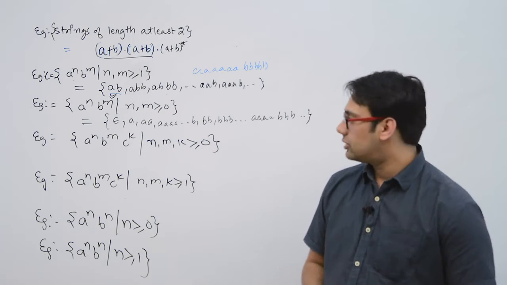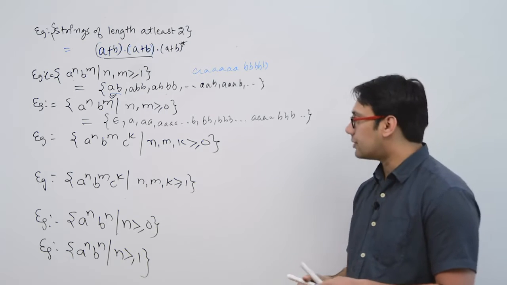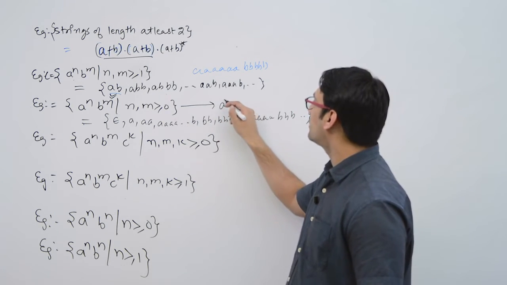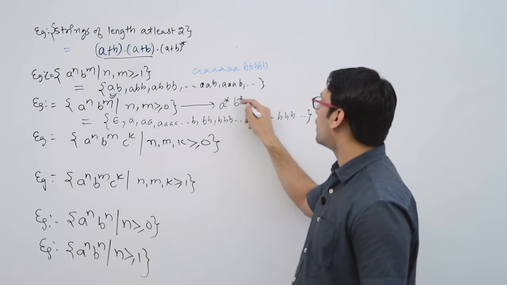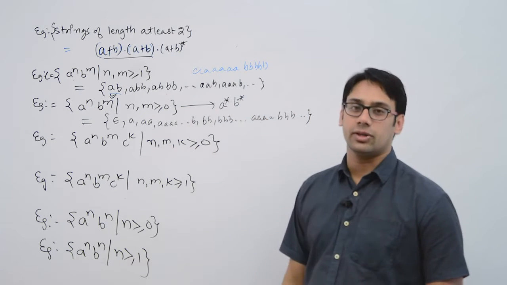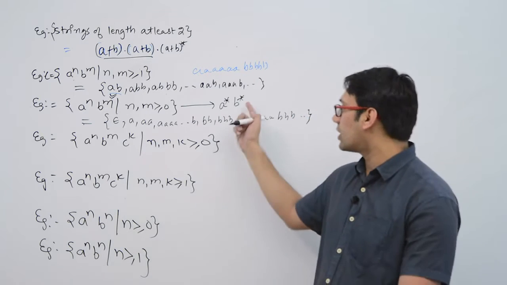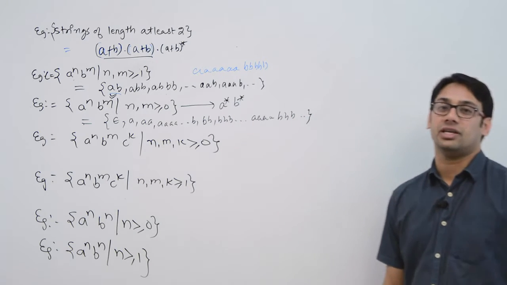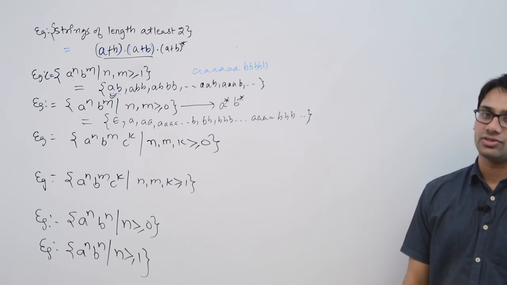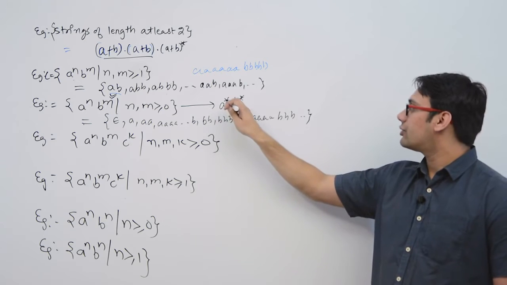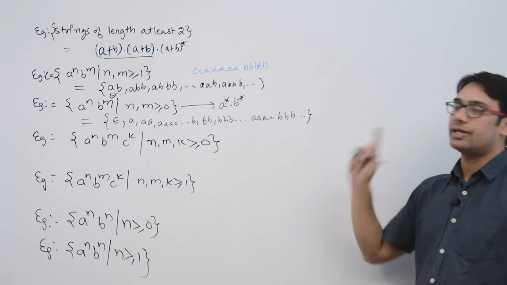Now the regular expression for this is very simple. This language can be represented by a star b star. Star means we can have any number of a's, or any number of b's. Initially we get a's, and as soon as we get one b, we will always be getting b's.